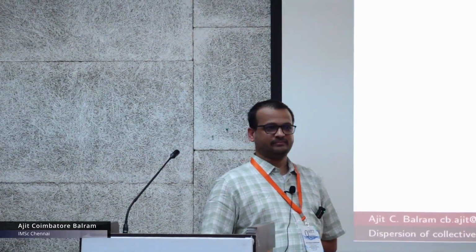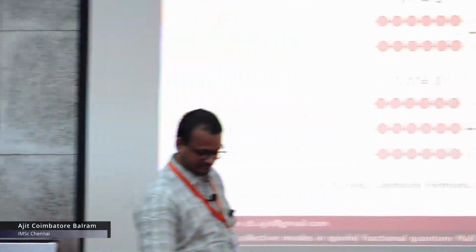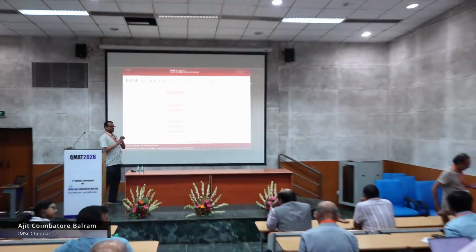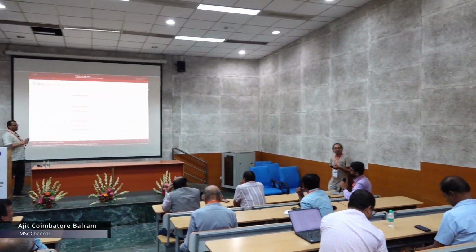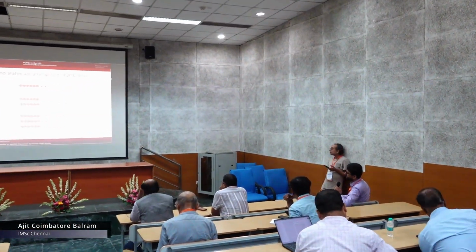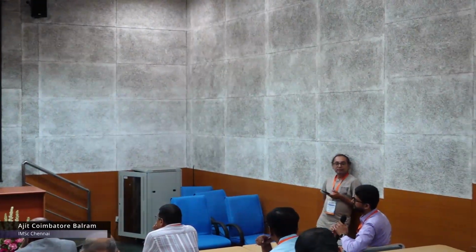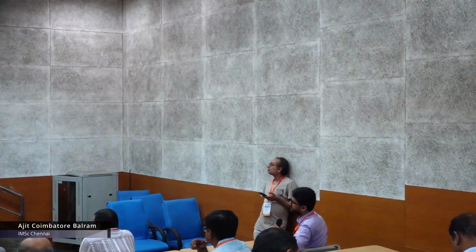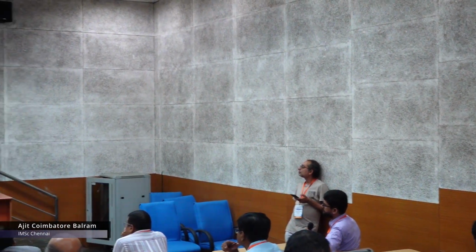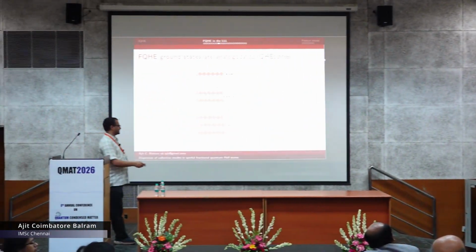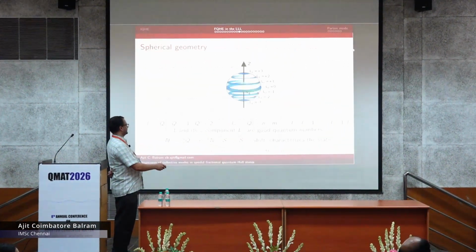More questions? Does this also manifest in, let's say, the spin static structure factor? You would see some sort of spin configuration. For the static structure factor, I don't know, but if you compute the dynamical spin structure factor, you will see it.